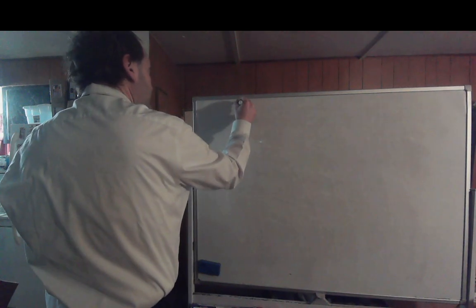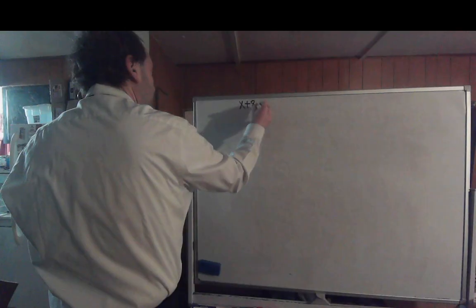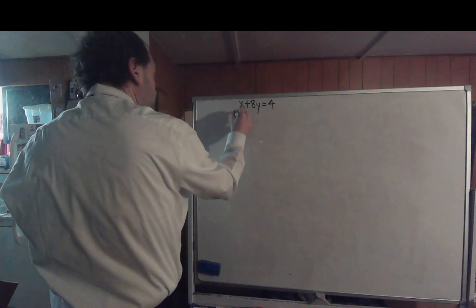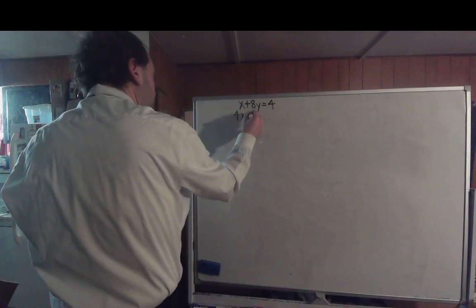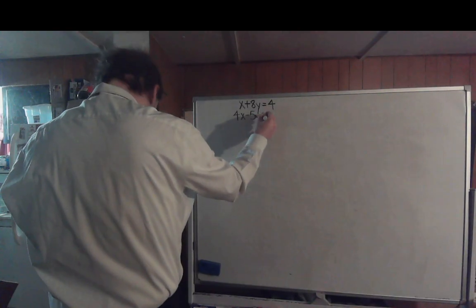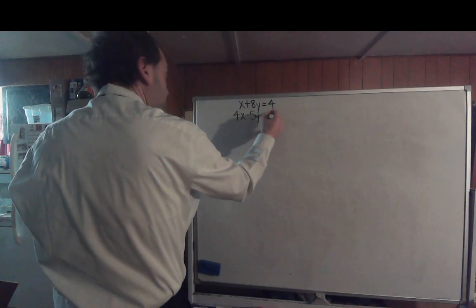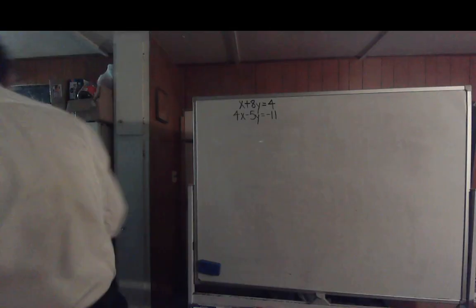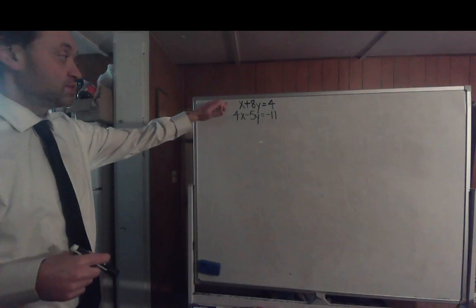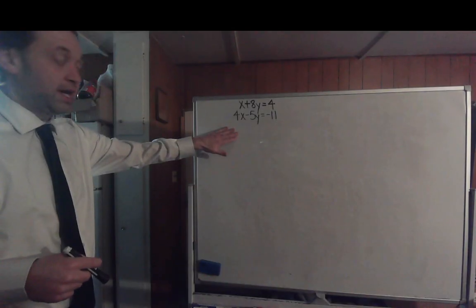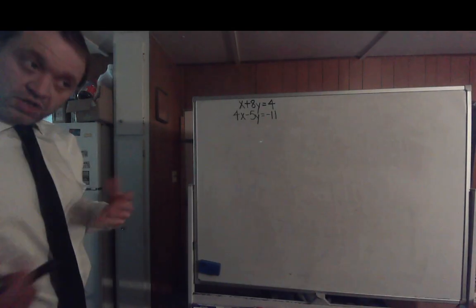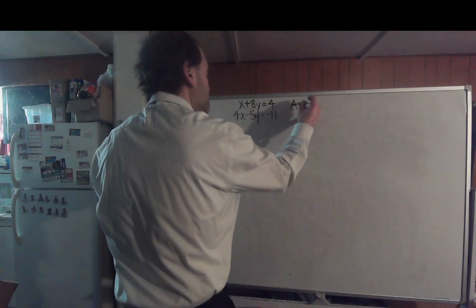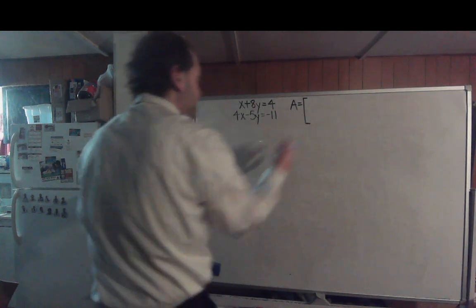So let's see, I have x plus 8y is equal to 4. Then I have 4x minus 5y is going to be equal to negative 11. So this system here, we have x plus 8y equals 4, 4x minus 5y equals negative 11. Well, let's go ahead and set up our three separate matrices here. So matrix A, again, is just simply the coefficients of your x and y variables.